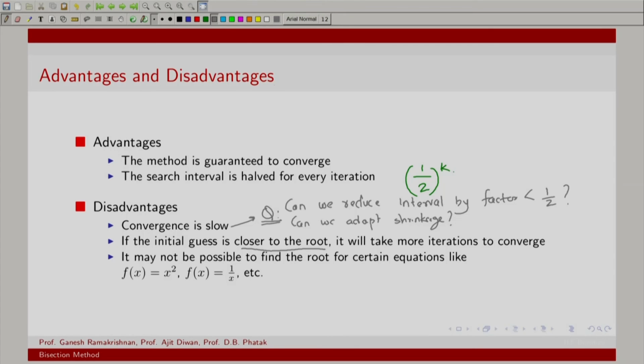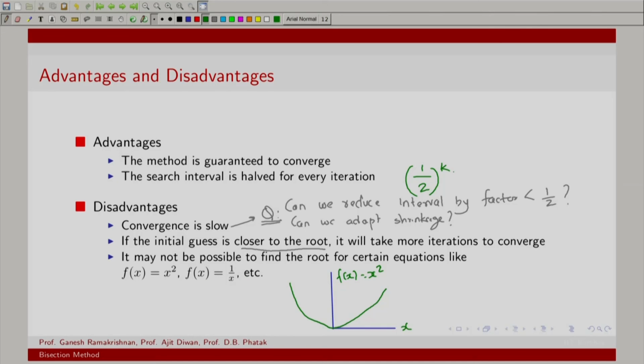And most importantly, this algorithm has severe limitations in what it can deal with. So reminding ourselves of one function for which we said the algorithm won't function is the quadratic function f(x) equals x squared, or you could even consider x raised to 4. Now there is no way you can find A and B with opposite signs for the function.